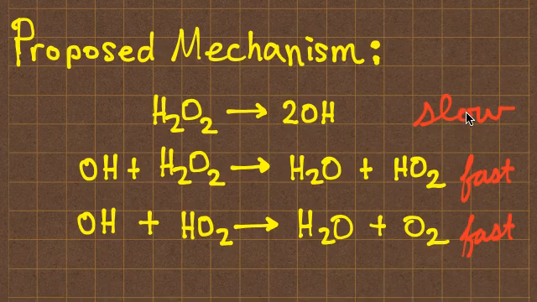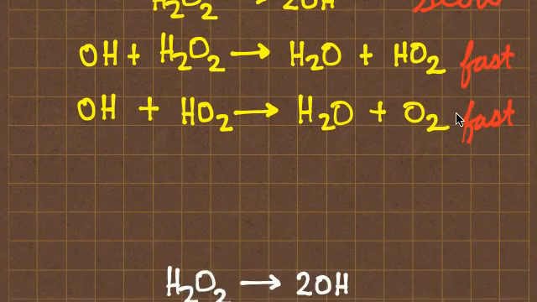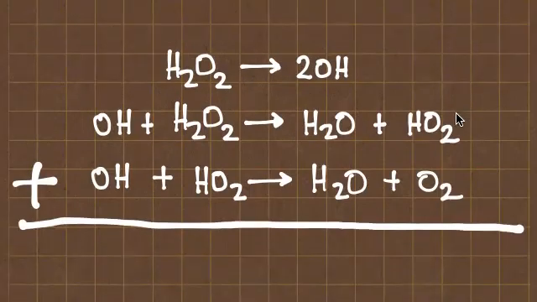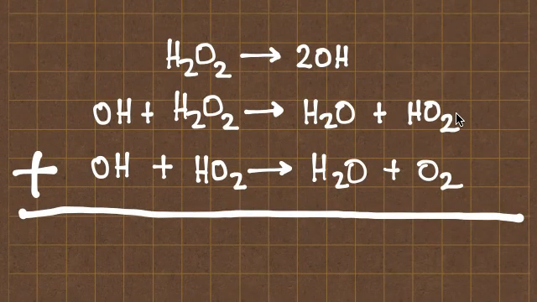Now there's only one reason why we care about what's slow, because the overall process can only go as fast as the slowest elementary step. I rewrote those again here, and a plus sign to say, do you see what could possibly cancel? Is there something on the left of the arrow that's exactly the same as on the right of the arrow?